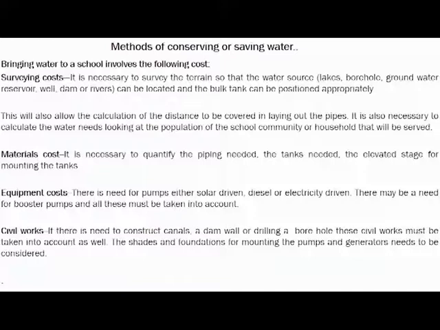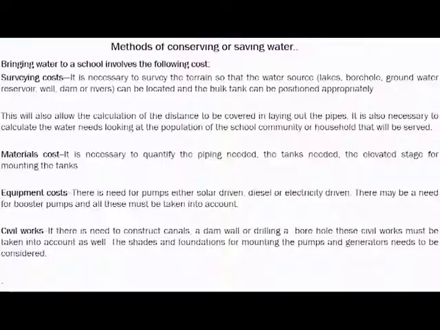The survey is necessary to check the water source, for example, whether the water source is lakes, boreholes, groundwater, a reservoir, a well, a dam or rivers, so that you can see where it can be located and the bulk tank can be positioned appropriately.